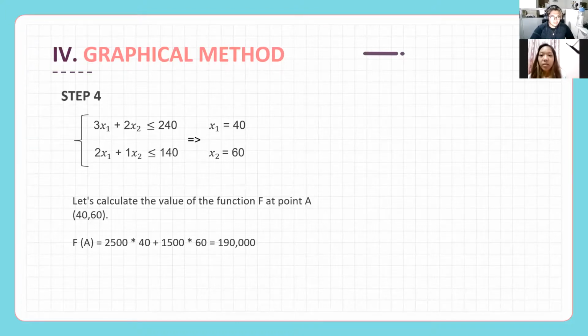Solving gives x sub 1 equals 40 and x sub 2 equals 60. So let's calculate the value of the function f at point A, 40 and 60. Function f at point A equals 2,500 multiplied by 40 plus 1,500 multiplied by 60, which equals 190,000.